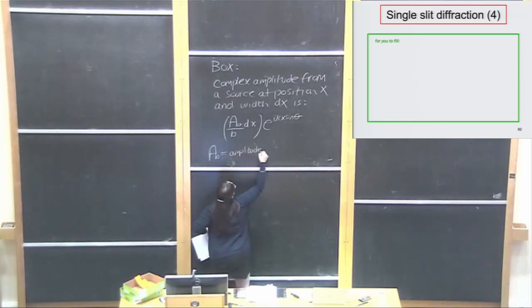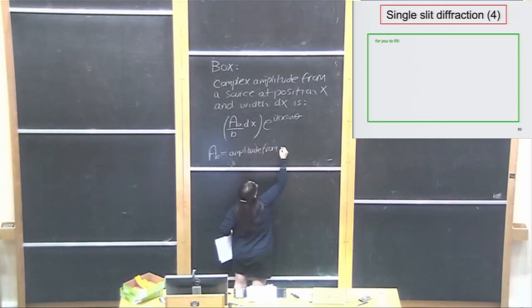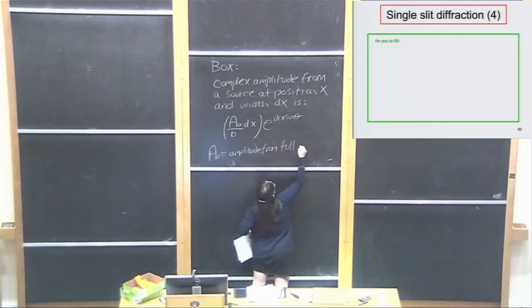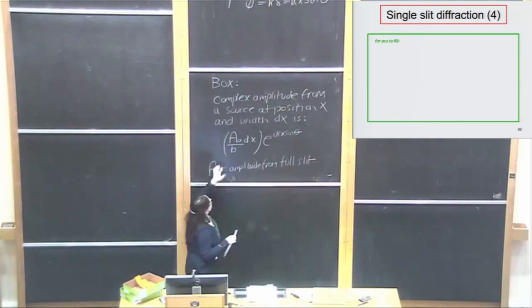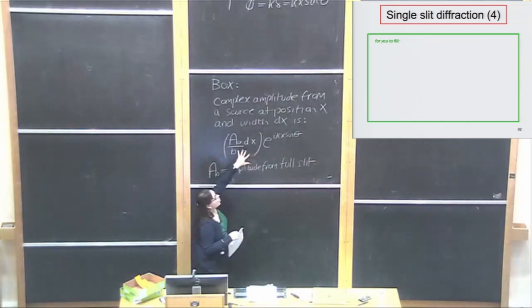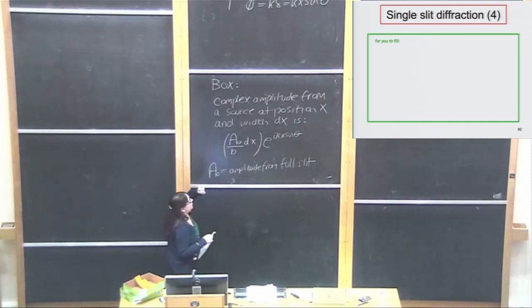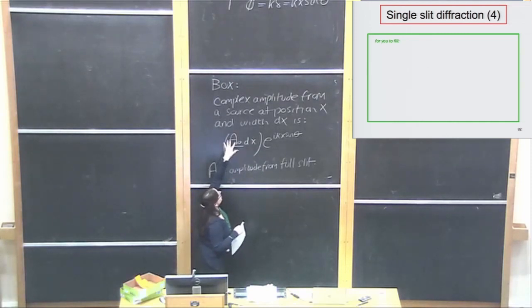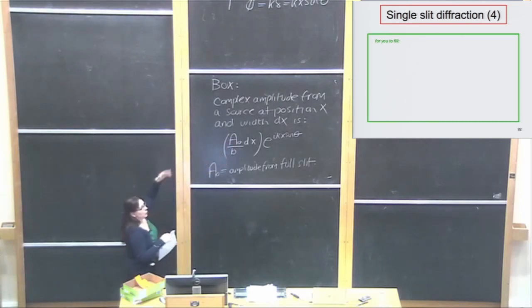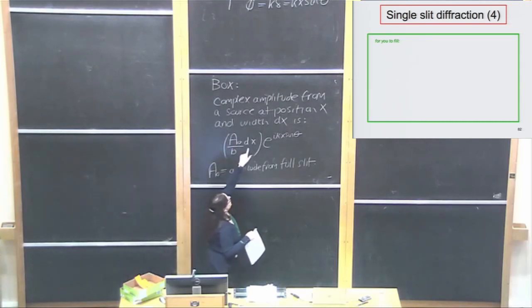Here A0 is going to be my amplitude from the full slit. This coefficient is the real amplitude of my little infinitesimal point source. I've got the full amplitude that comes from the full wave divided by b to make it an amplitude per unit length, multiplied by the width of my infinitesimal source.